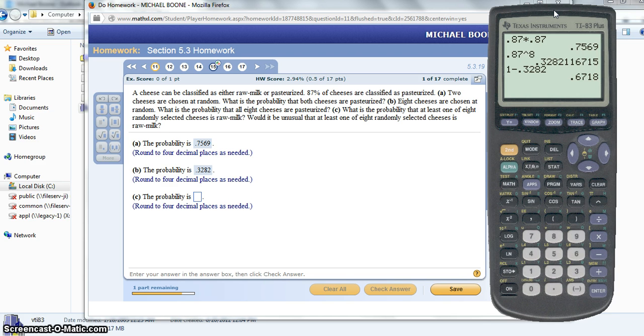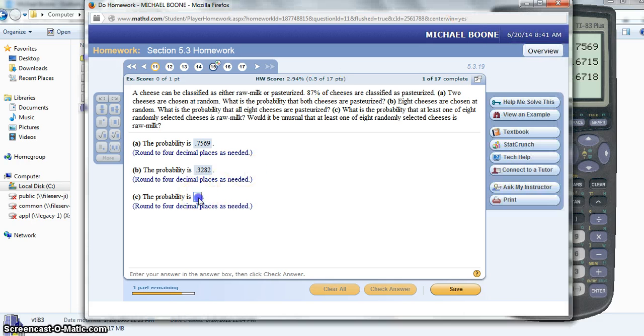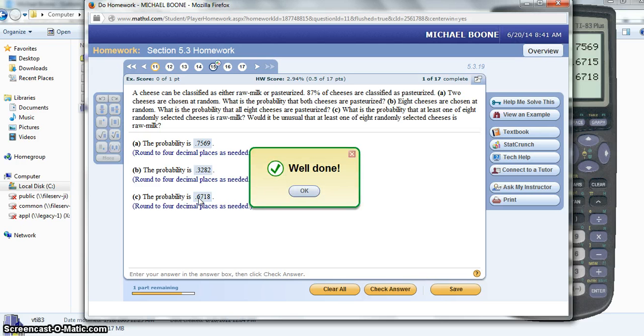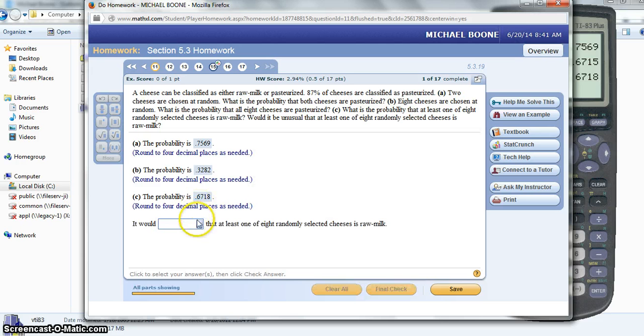I know the probability that all 8 are pasteurized is 0.3282. If I don't want that one but I want everything else, I do the complement, which is 1 minus 0.3282, which gives me 0.6718. Woohoo! It would be not unusual, right? Because our unusual mark is less than 5%.